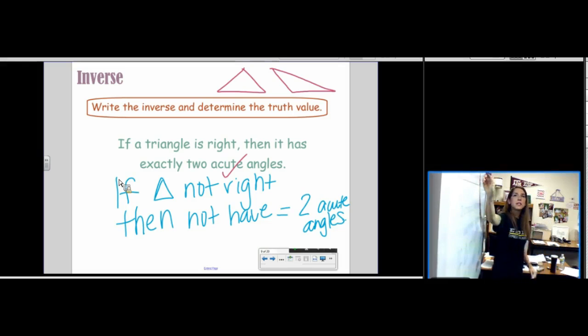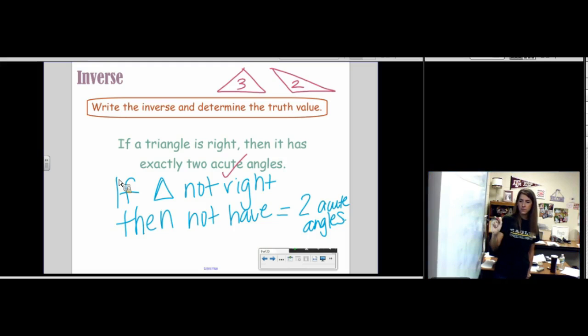How many acute angles does this one have? Can you tell? How many of those are less than 90? All 3 of them. Can you tell how many of these are less than 90? 2. Does that triangle have exactly 2 acute angles? Because the other one's obtuse. Yes, it does.